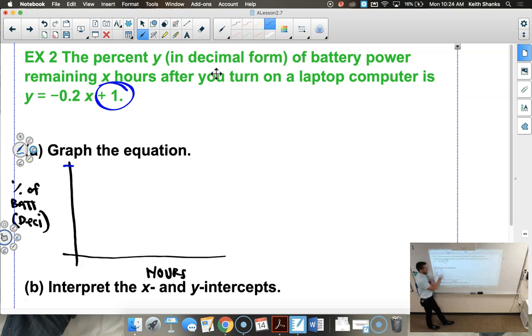So I'm going to put that at the top because your battery's not going to have more than 100%, right? I'm going to put it at the top because my battery's only going to go down, and I can tell that because my slope is negative. And how much is my slope decreasing by? 20%. So I'm going to start at 100 or 1, and I'm going to go by 20.